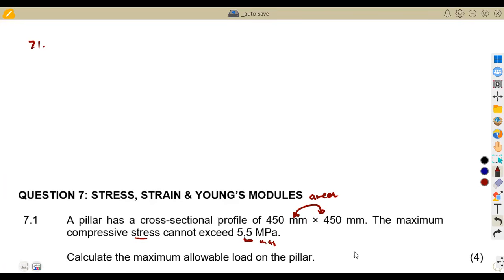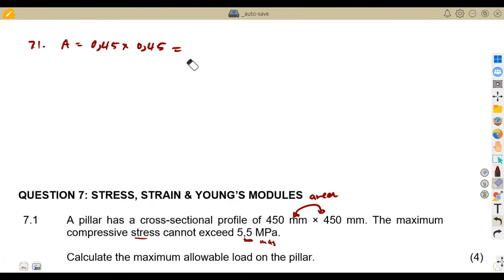So like I said, you've got area, but these are millimeters. Convert to meters so that we have our area in square meters. In this case, just divide by 1,000. So our area will be 0.45 in meters, so it's 0.45 times 0.45. That's going to give us our area.